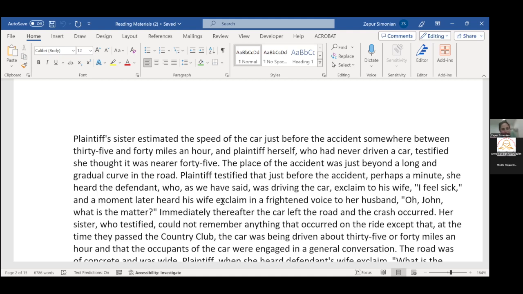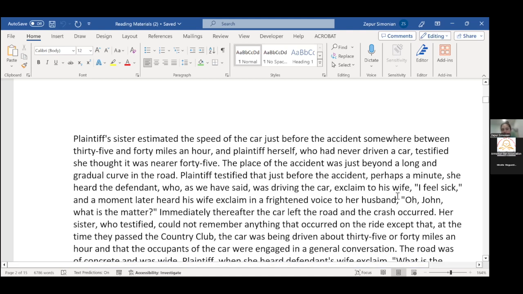So here, let's say, I don't know yet what voluntary means, but you do want to rely on common sense too. Voluntary pretty much is, at least without knowing the legal terminology yet, whether or not I have control or will over what I'm doing. Well, if the person says, "I'm sick," and a moment later, the wife says, "What's the matter?" and right immediately thereafter, the car left and the car crashed, you wonder, did he have control?